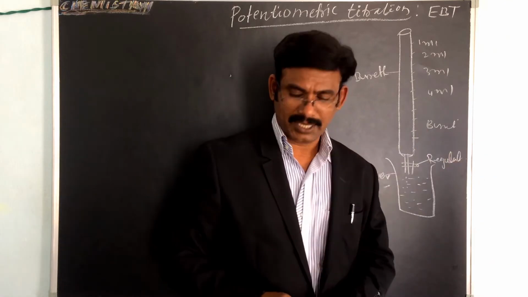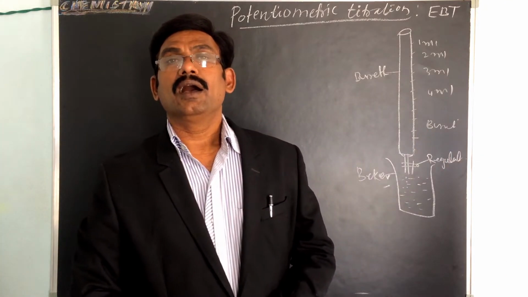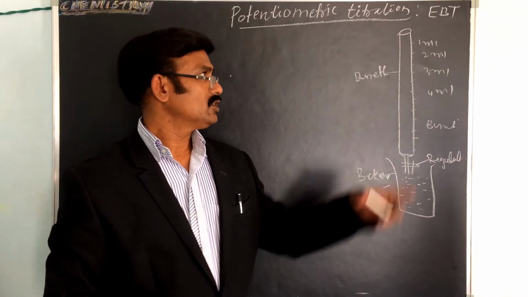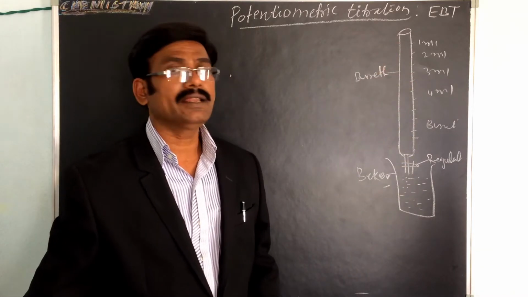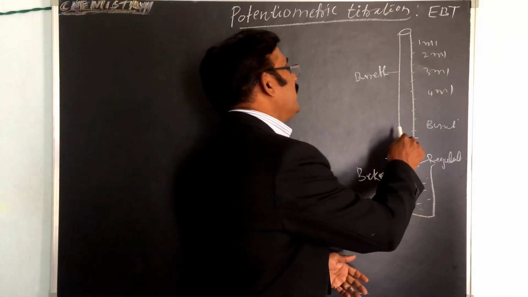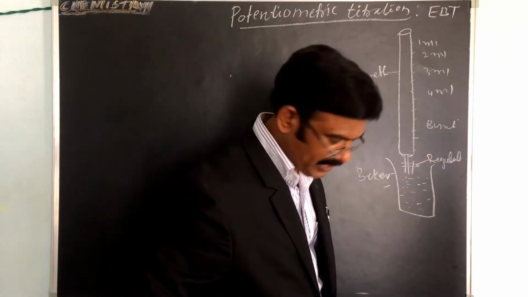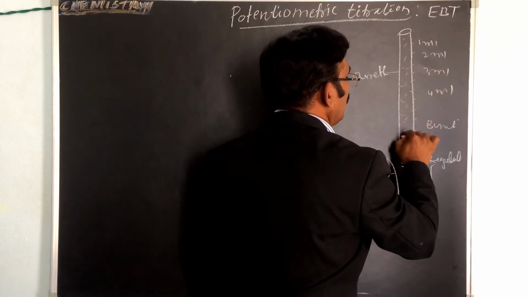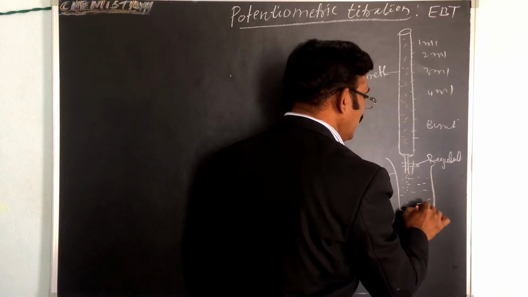So we have seen this in the first unit. Simply, we take a solution in this, for example sodium hydroxide solution, and we add it dropwise like this.